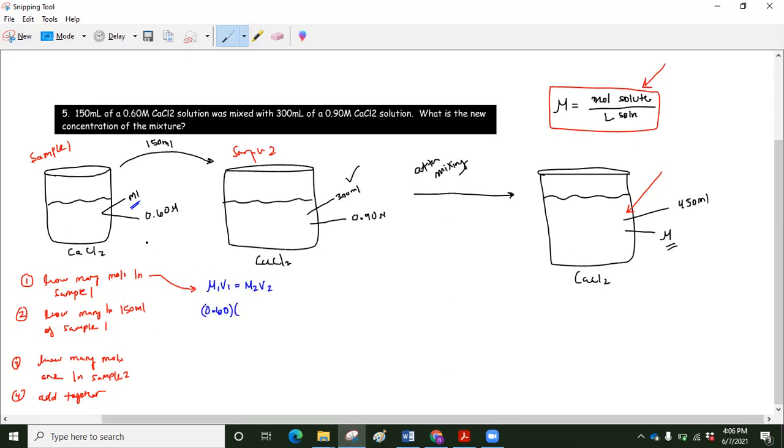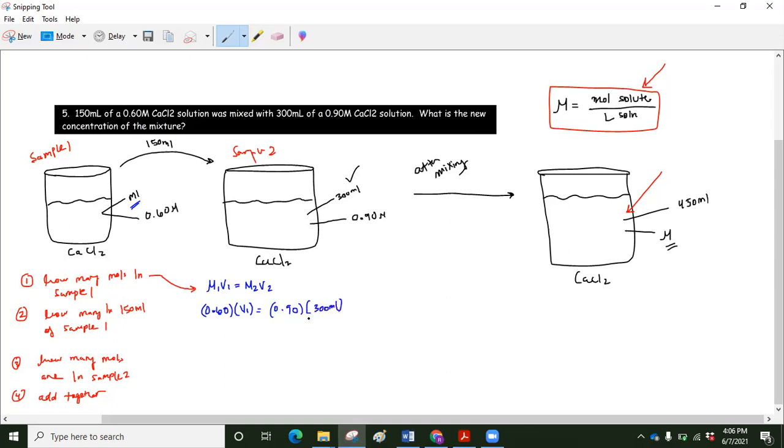The volume of sample one we don't know, so we're going to leave that as V1. And we recognize that both M2 and V2 are given. M2 is 0.90 and V2 is 300 milliliters, right?